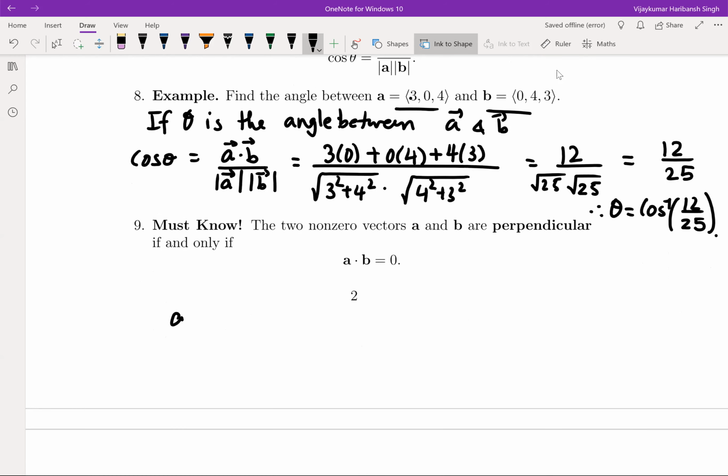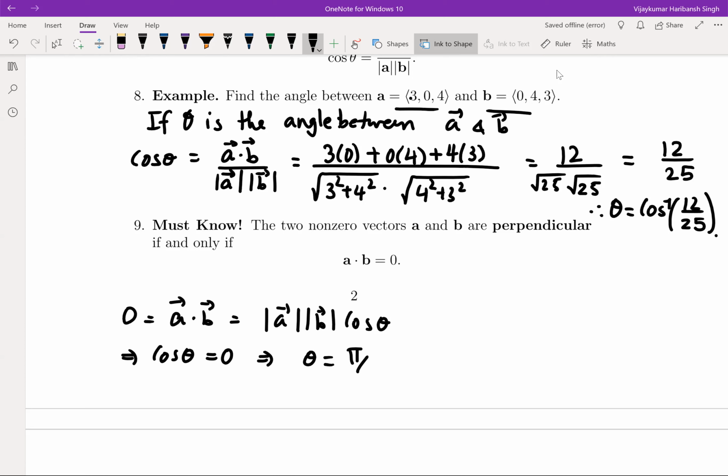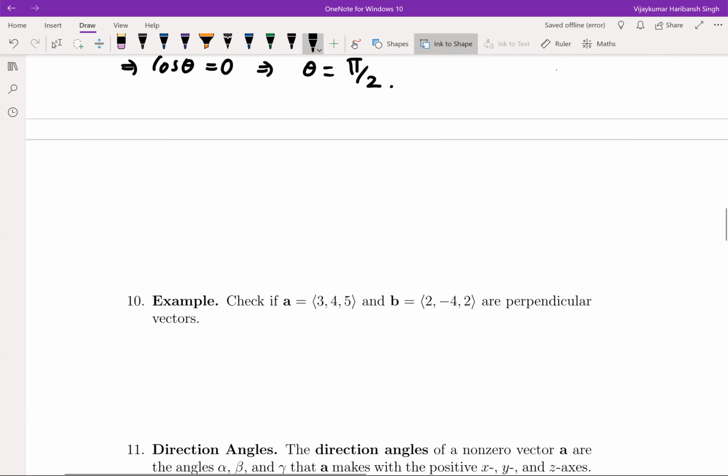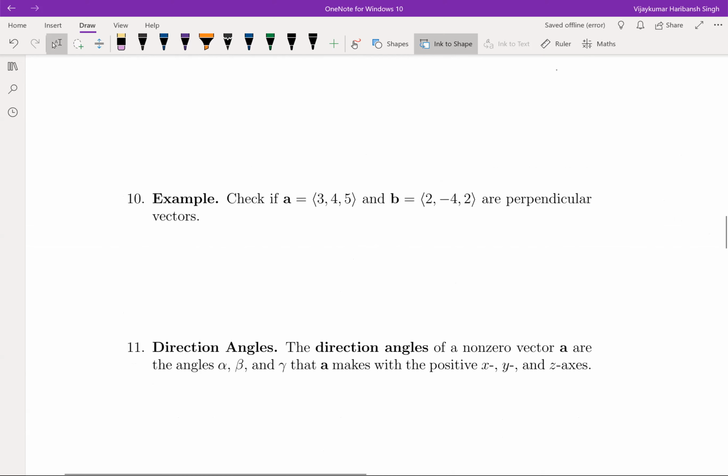Clearly you have A dot B equals length of A, length of B, cos theta. Now, if these vectors are non-zero and this equals 0, that would imply cos theta equals 0. This implies theta equals pi over 2, because we are looking in the range from 0 to pi.